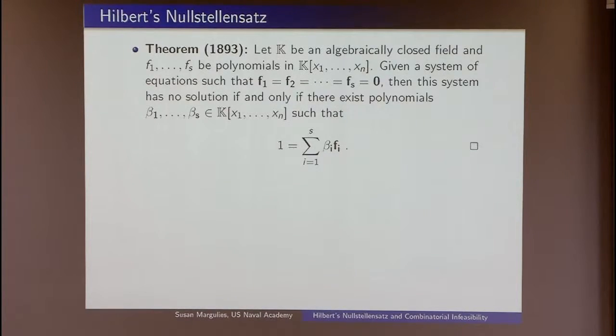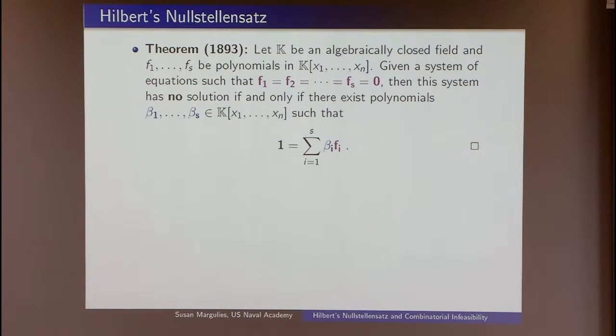So off we go. And let's refresh our memory as to exactly what Hilbert's Nullstellensatz says. So from 1893, a trusty theorem that we still use today, given a system of polynomial equations, F1 through Fs, this system has no solution if and only if there exist polynomials, beta 1 through beta s, such that the number 1 can be expressed as a combination of those beta polynomials and those F polynomials.